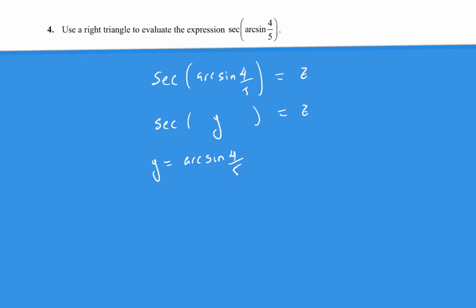How will I find y? Let me apply the inverse function to arcsine. So sine of y will be the sine, S-E-N, but I write S-I-N instead. Well, let me write it sine in English.